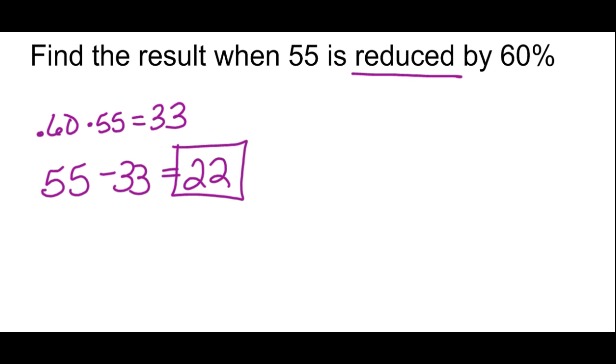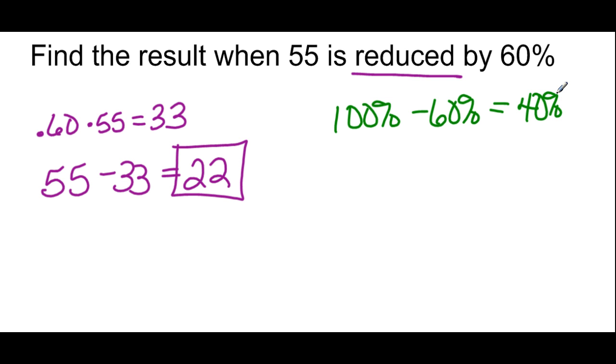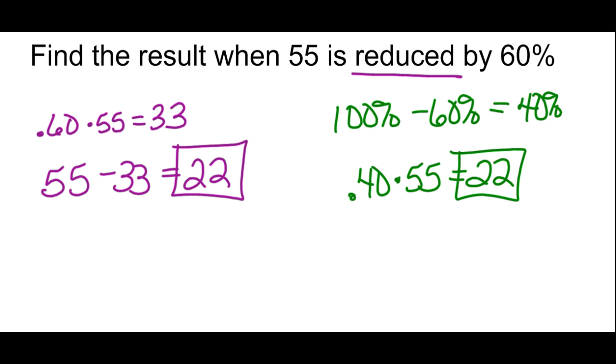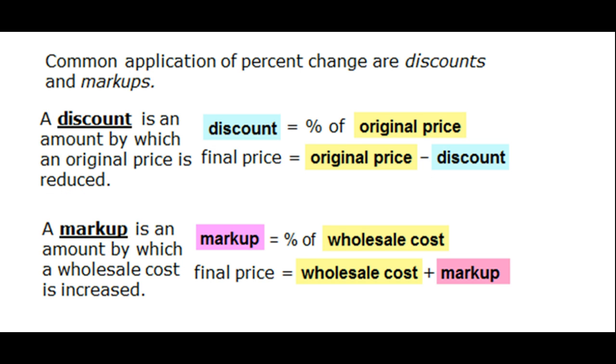All right, if I use the other method, I'm going to say 100% minus 60% means I'm going to be left with 40% of what I started with. So I will take 0.40 times 55, and I will also get 22 for the answer there. Okay, that's what you should have gotten.